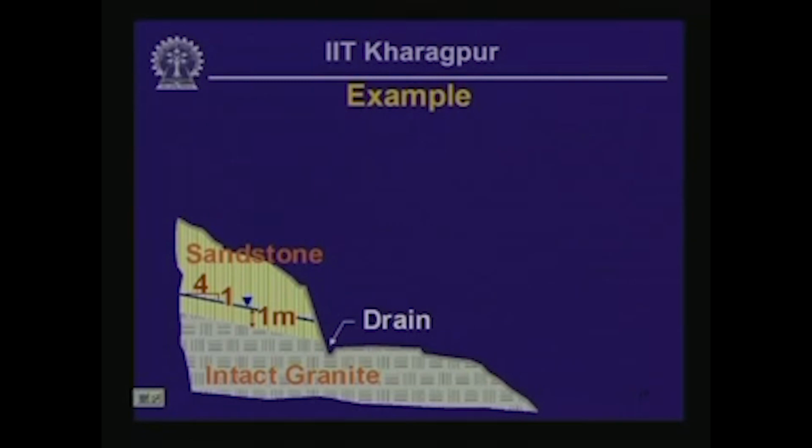Now, I want to give you an example of flow of groundwater, in which there is a road cut and there is an unconfined aquifer within sandstone that discharges water into the road cut, and there is an interceptor drain parallel to the road cut as shown on this sketch.